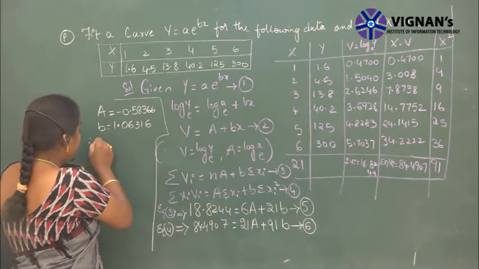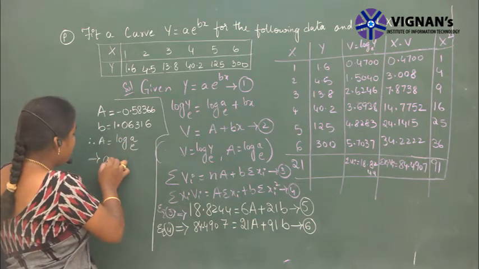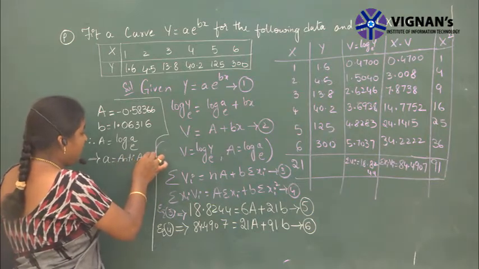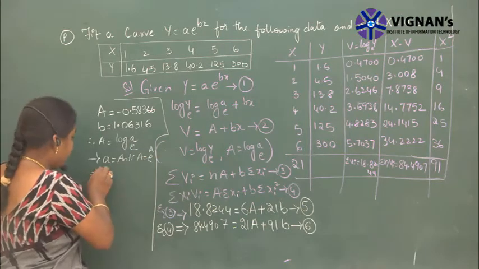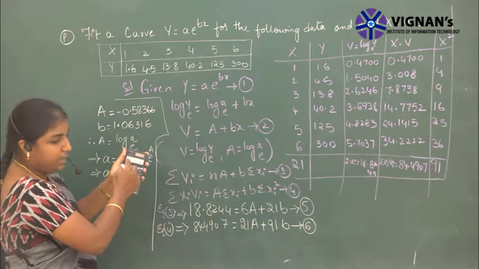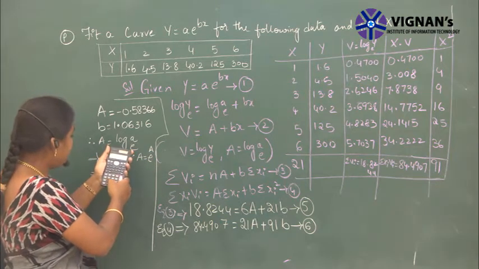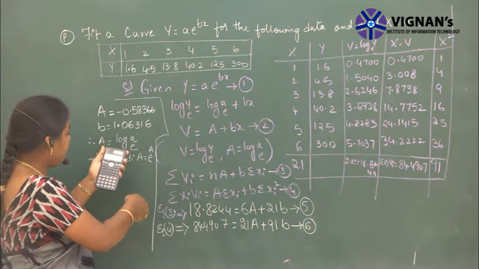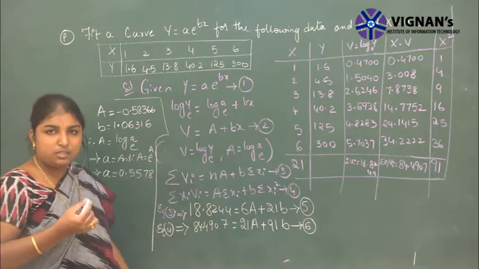Since we know that capital A equal to log a base e, this implies small a equal to anti-log of capital A, which is equal to e power capital A. I am taking e power capital A, this implies small a equal to shift ln, e power minus 0.58366. We get that value as 0.5578. So now we get small a and small b.